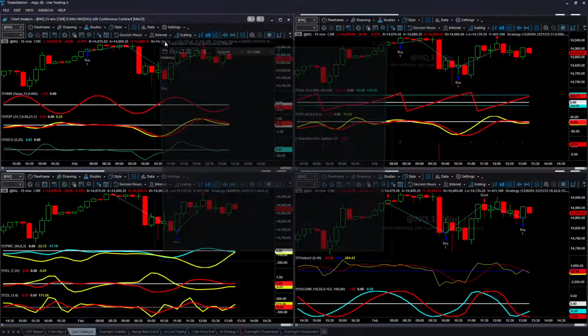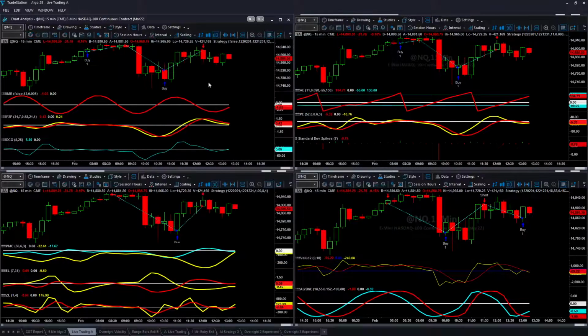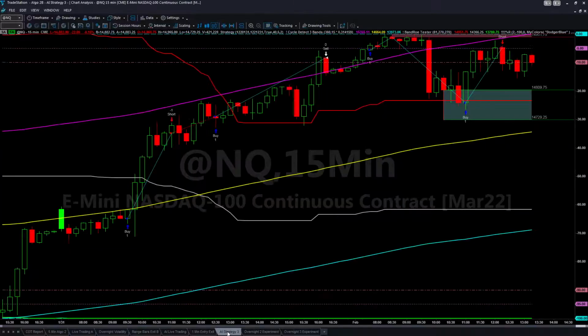Just this strategy alone since this morning has been 100% dead on with every single trade. So that's really nice to know. But I'll just blow this up and leave this here till we get closer to bar change.